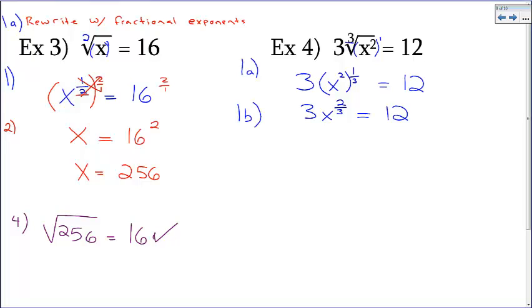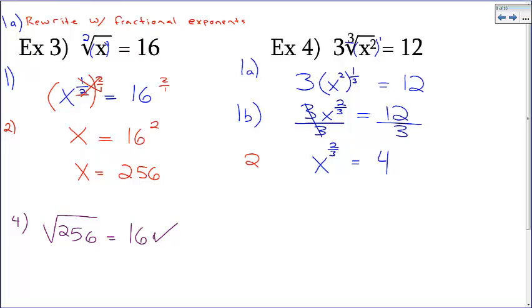Now I proceed as I have with previous examples. I isolate the variable by algebraic manipulation, here dividing both sides by 3, and getting x to the 2/3 equal to 4.